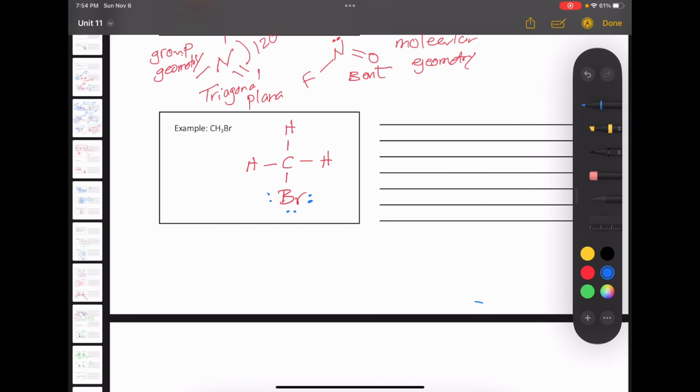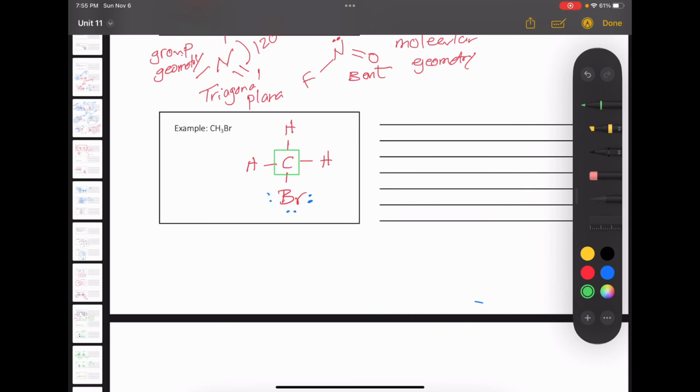Now, the non-bonding pairs of electrons sitting on the bromine are really negligible, and we don't really consider them when it comes to the geometry of the methyl bromide, because again, when we do the geometry, it is all in terms of the central atom. So if there are any non-bonding pairs on any of the terminal atoms, it is not going to be our concern when we are trying to figure out the geometry. But we still have to show the lone pairs of non-bonding electrons.